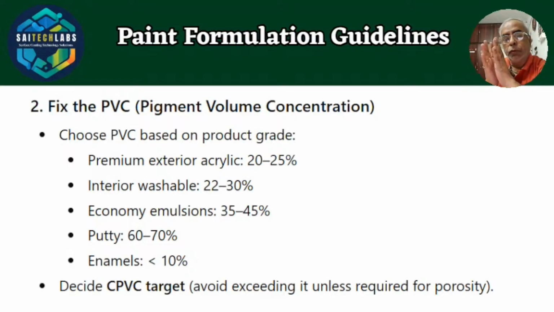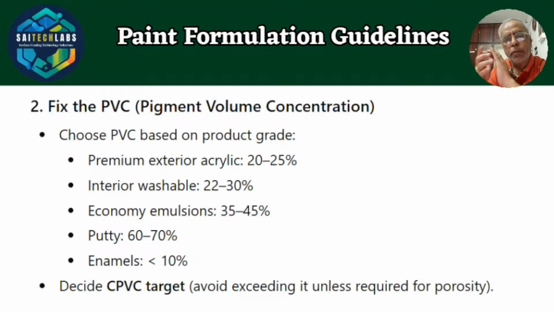So we have to decide the CPVC target, that is critical pigment volume concentration, and we must avoid exceeding that unless required for a specific purpose of porosity. Now, how is the pigment volume calculated? Let us do it one by one.